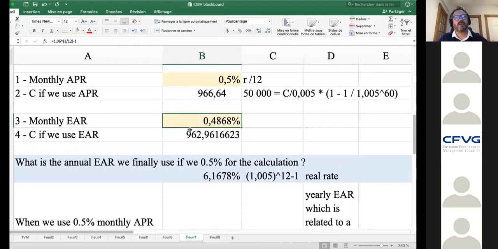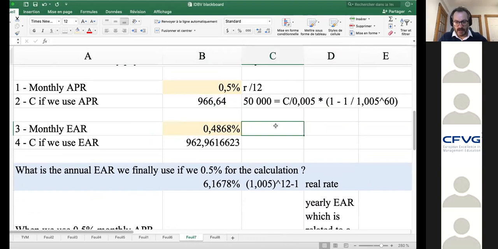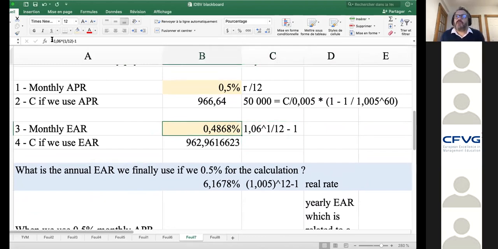If we are more fair to the customer, we say, okay, we take the monthly EAR, which is 1.06 exponent 1 divided by 12 minus 1. Okay, so this is what we should use. We should use this, and we would have then 0.4868%. Okay, and we can see that the payment would be a little bit lower. It would be 962 instead of 966.